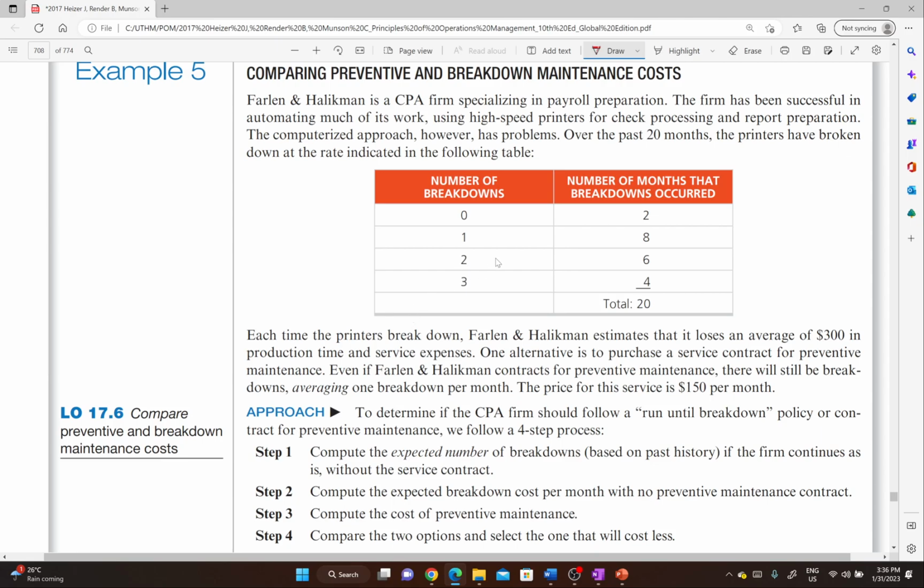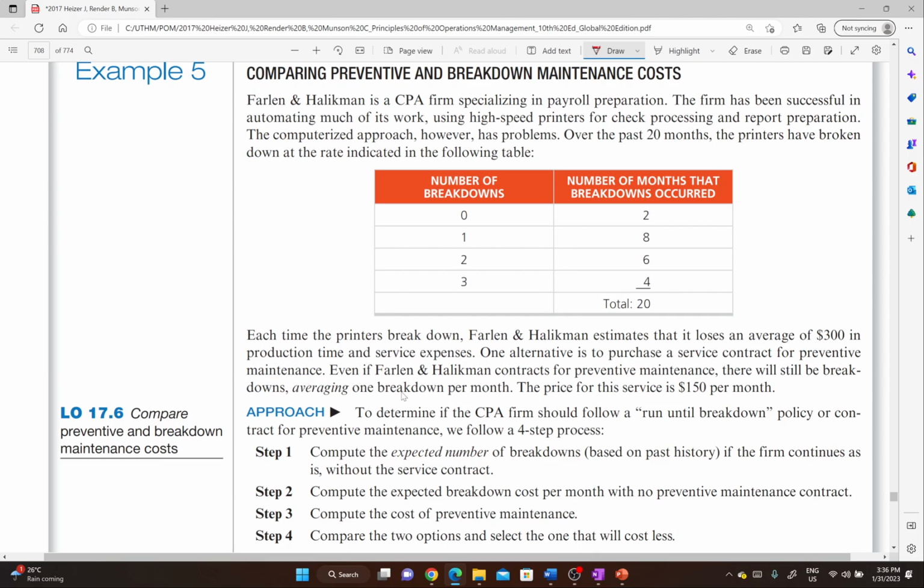So basically they're telling us the number of breakdowns and the number of months that the breakdown is happening. Each time the breakdown happened, they lost an average of $300. One alternative is to purchase a service contract for preventive maintenance.